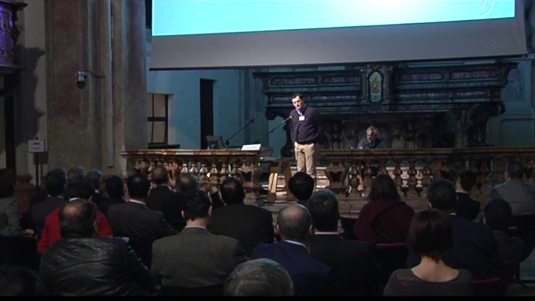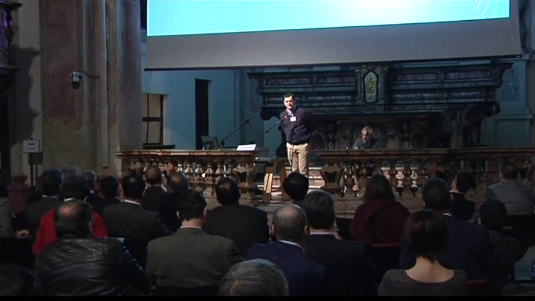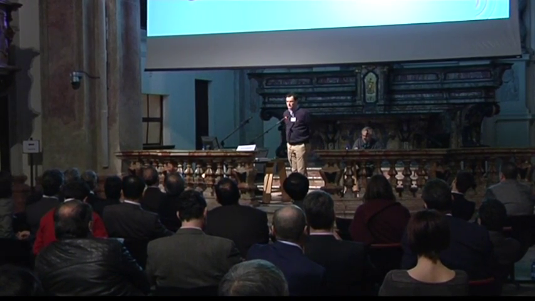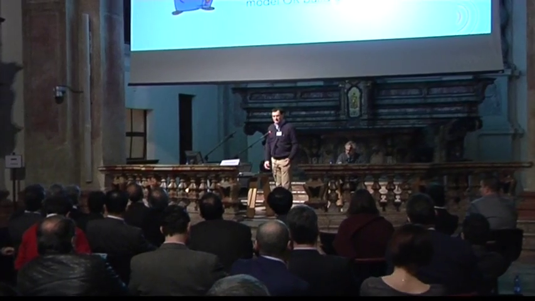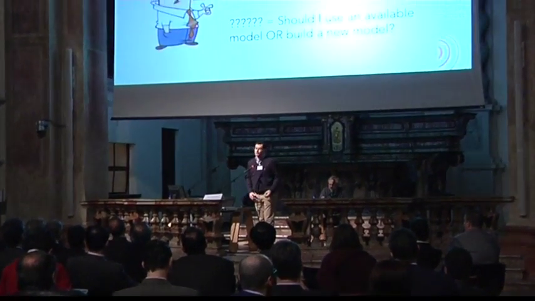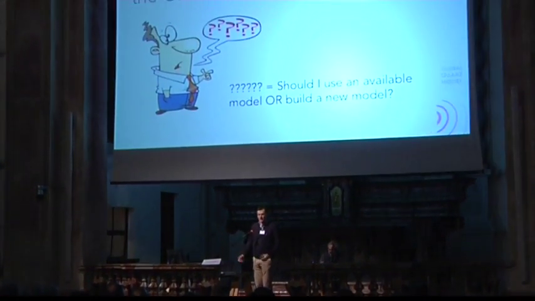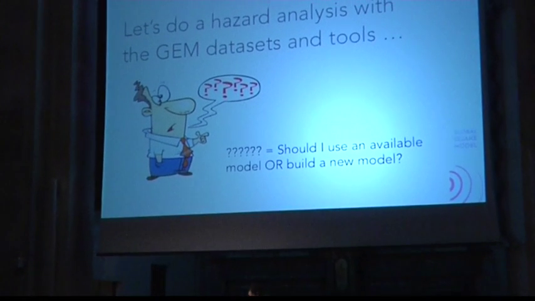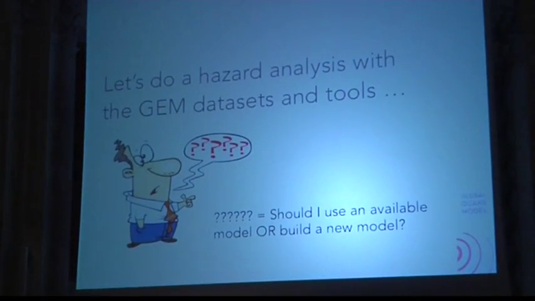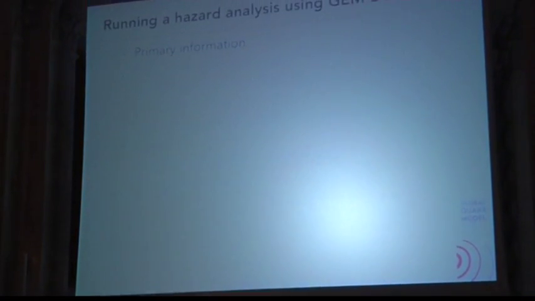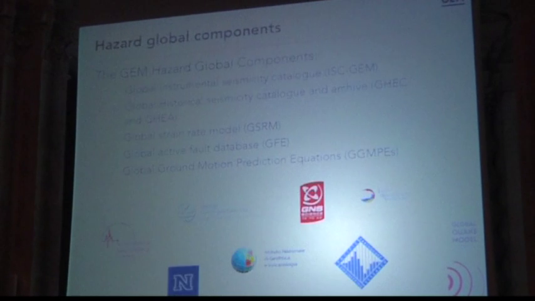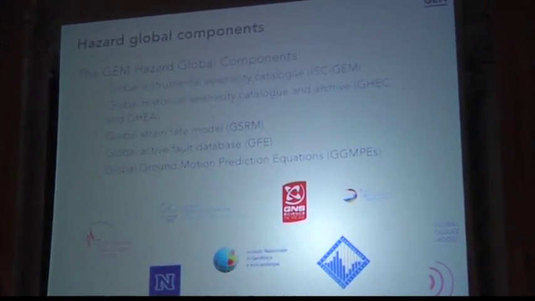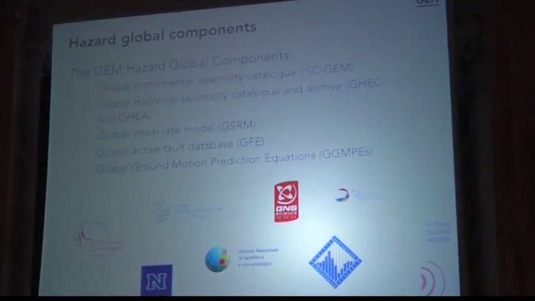So when we want to perform a hazard analysis, of course, the first thing is to understand if it's necessary to create a new model or to choose an existing one. So if I have to generate a new model, clearly the first thing that I need to search for is primary information.